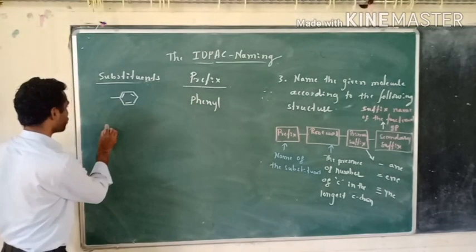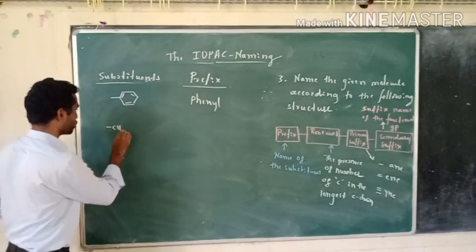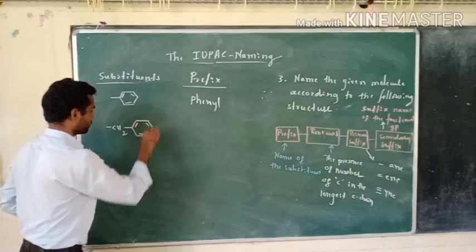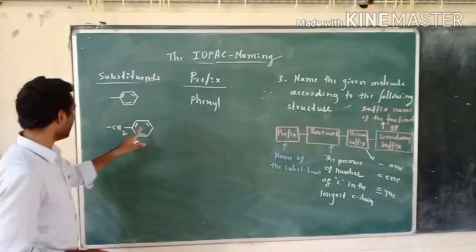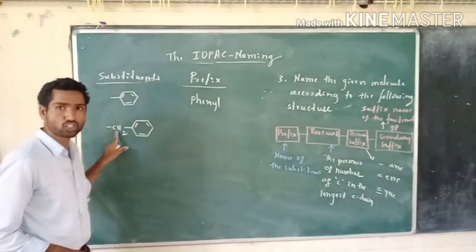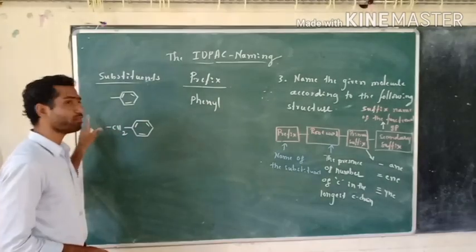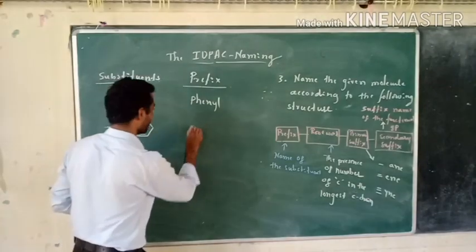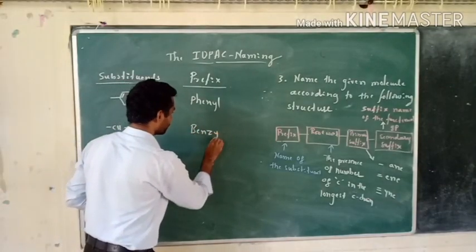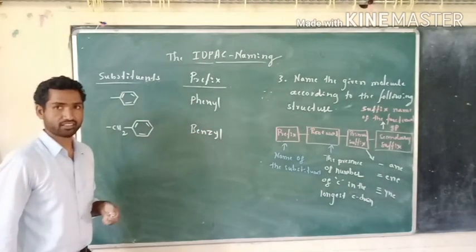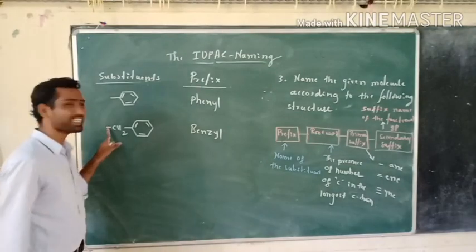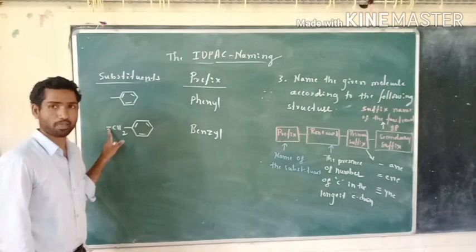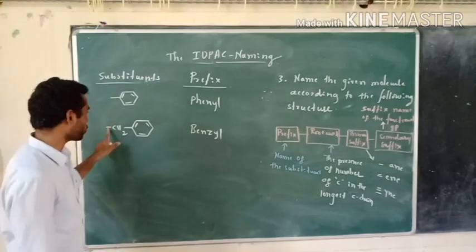So if this group is there as a substituent, CH2, if the benzene ring is attached to a CH2 group, and that CH2 is attached to the main chain, then this substituent is named benzyl. So if Cl is attached to this carbon, then we name it benzyl chloride, isn't it? So benzyl chloride, like that.